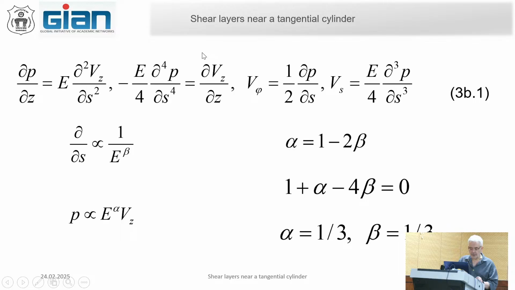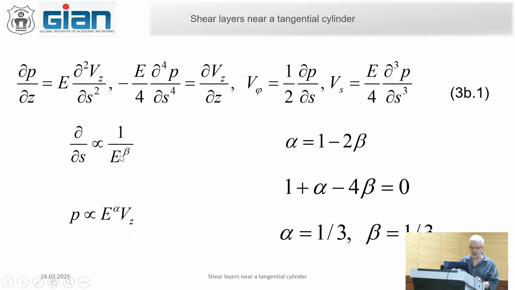But we can explore the velocity and pressure, the velocity in the direction of the axis of rotation, and again we are using pressure. Then we should understand in which power of the Ekman number all this stuff is working.